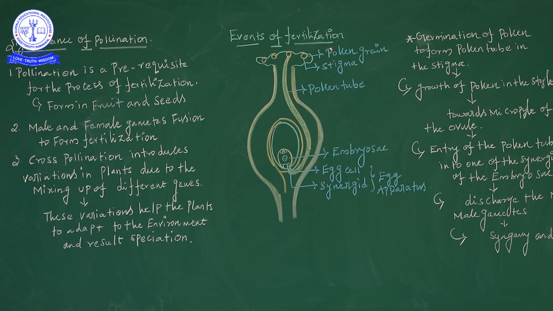Okay, first of all, it is the pollen grains. These pollen grains are deposited in the place called the stigma region. Numerous pollens are deposited in the stigma. Okay, and then they form the pollen tube. What is the main function of the pollen tube?